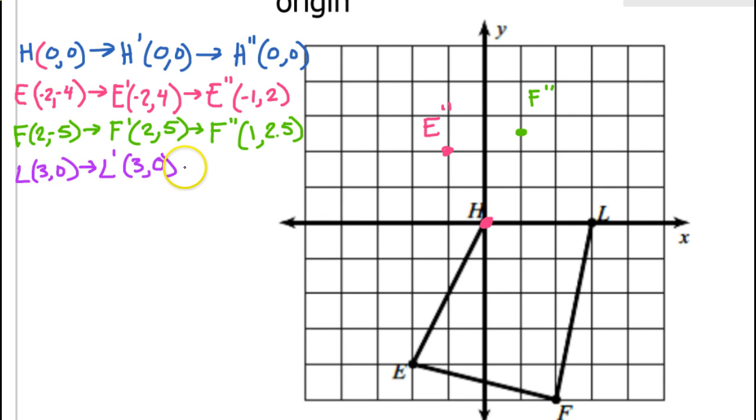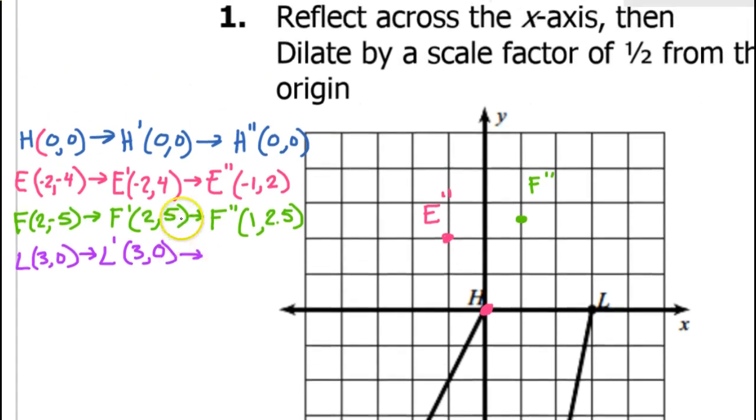Now we need to do a dilation from 0, scale factor 1/2, and this will give us L double prime. Half of 3 is 1.5, half of 0 is still 0. So (1.5, 0) would be right here. This will be L double prime.